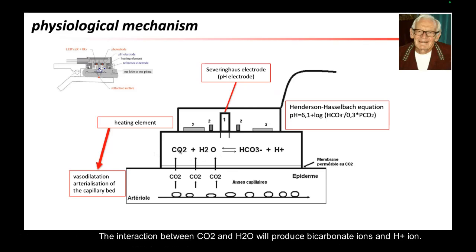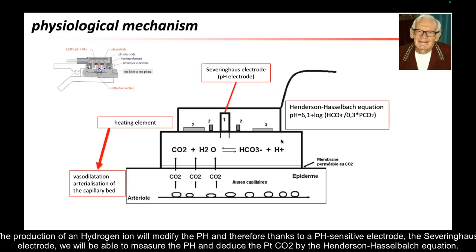The interaction between CO2 and water molecules will produce bicarbonate ions and hydrogen ions. The production of hydrogen ions will modify the pH, and therefore, thanks to a pH-sensitive electrode, the Severinghaus electrode, we will be able to measure the pH and deduce the PtCO2 by the Henderson-Hasselbalch equation.